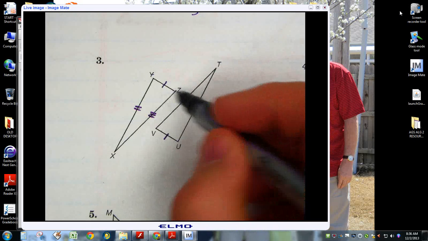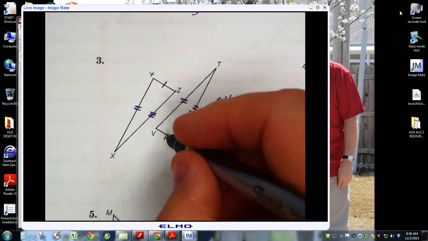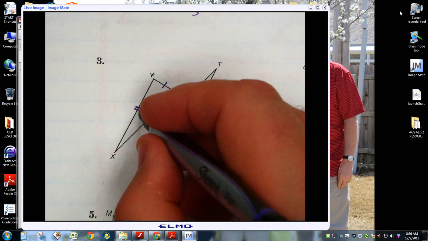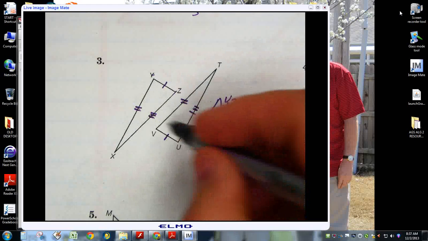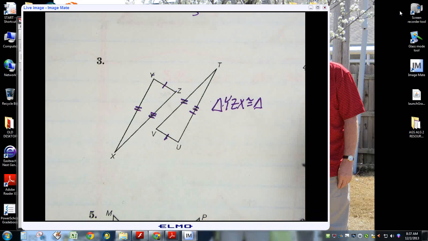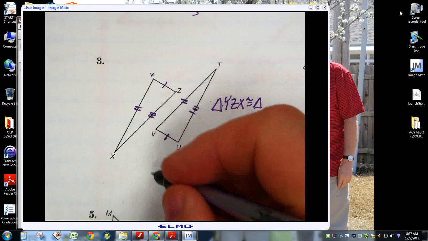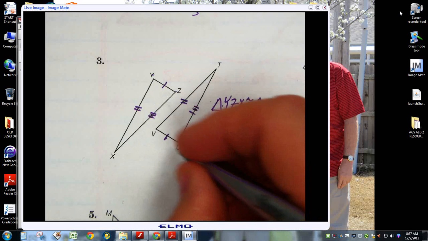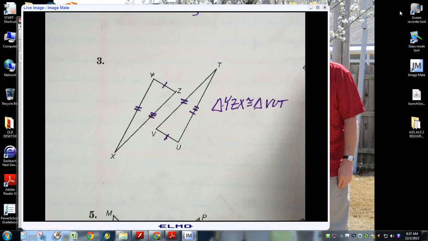I drew the 1 mark, didn't I? So I need to draw the 1 mark over here. And I started with Y, it was connected to the 1 mark and the what? 2 mark. Which one's connected to the mark one, the one that's marked once and the one that's marked twice? V. So I have to go V first, then U, and then T.